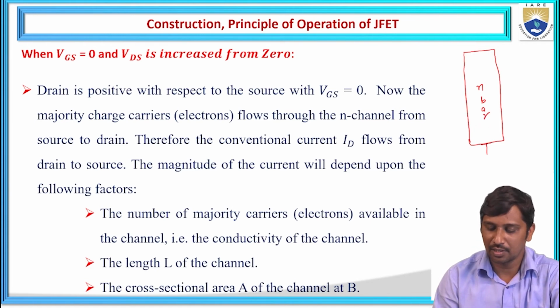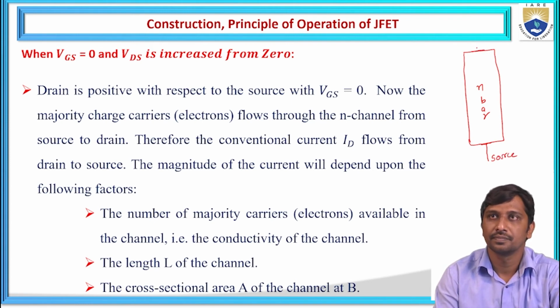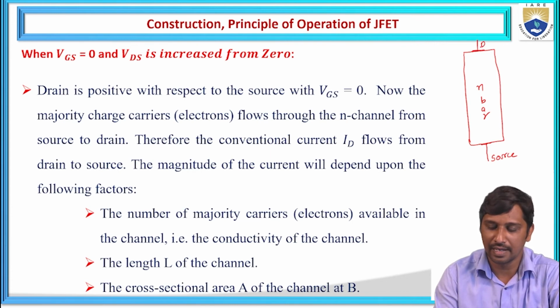On one side, the electrode is represented as the source, and on the other side, the electrode is represented as the drain. Internally there are two oppositely placed heavily doped materials called P plus, and internally these two are shorted and connected to the gate.